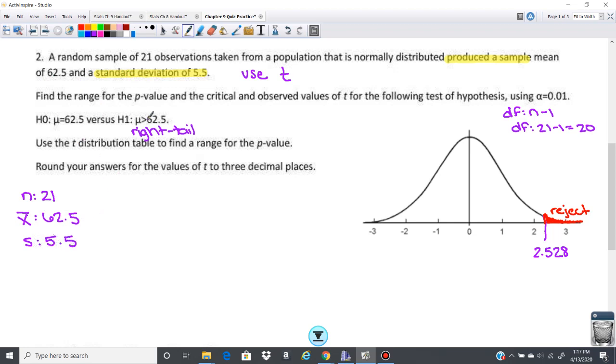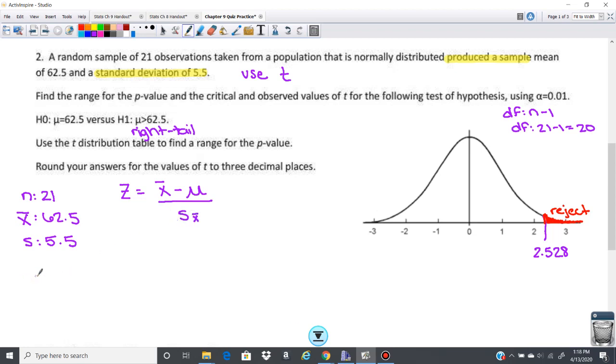And we already have our mean, our null, and then our alternative here. Okay, so what we want to do is find the test statistic here. So we've got t is going to be x bar minus the mean over the standard deviation of x bar.